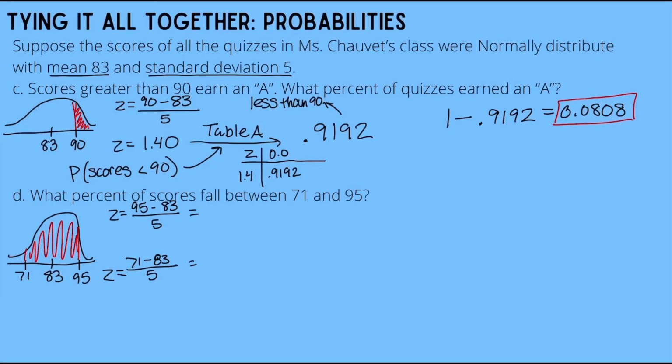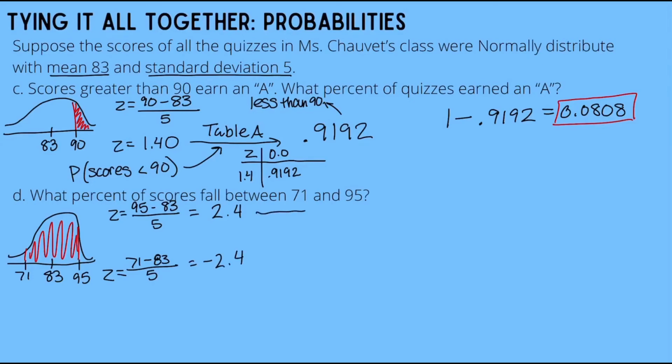So go ahead, take a second to fill out those z-scores. Okay, so when you do those z-scores, we should get positive 2.4 and negative 2.4.